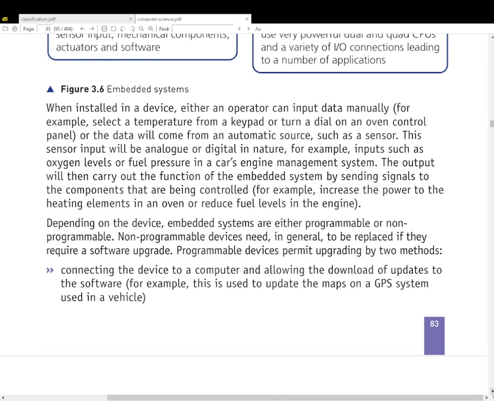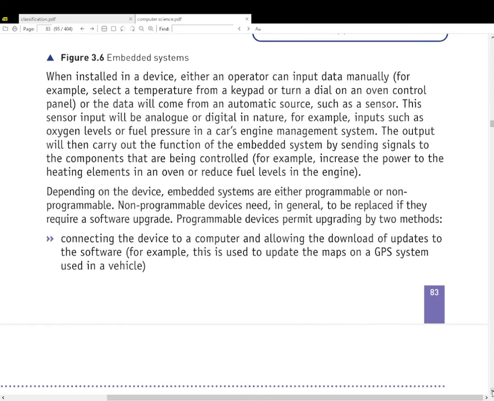And this upgrading is done in two ways: connecting the device to a computer and allowing the device to update the software. For example, this is used to update maps on a GPS system in a vehicle. So you connect the device to a computer, then you allow it to update. That is one way.